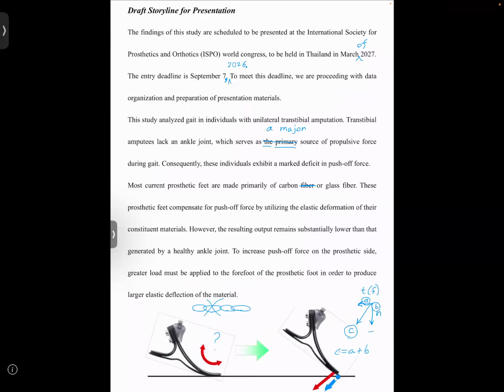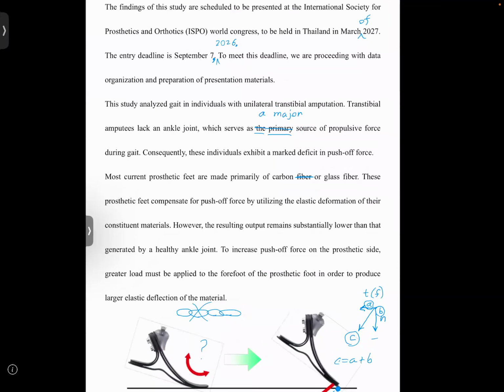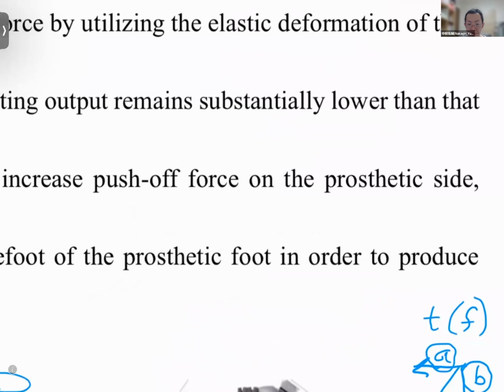Presentation, preliminary, preparation, proceeding, orthotics, Congress, and foot. Good.